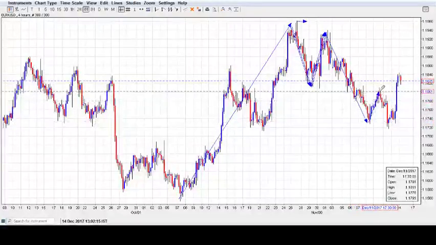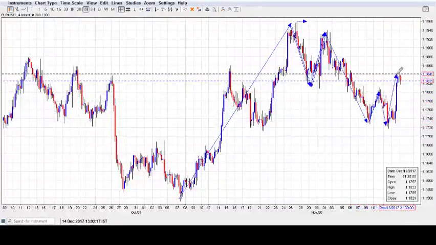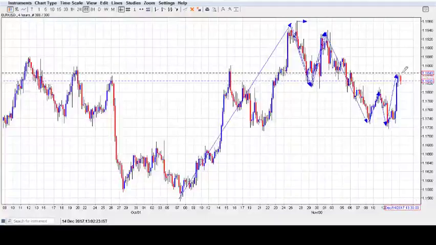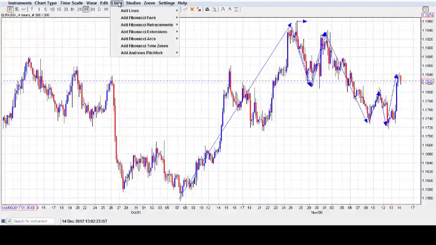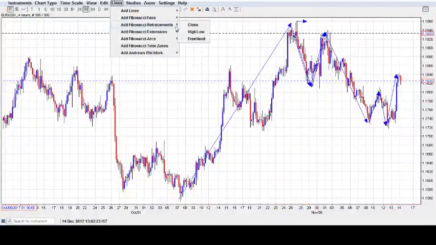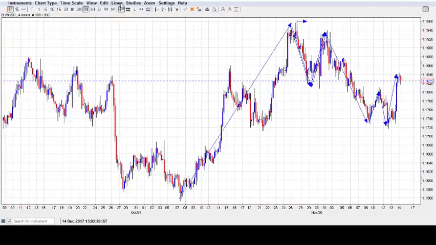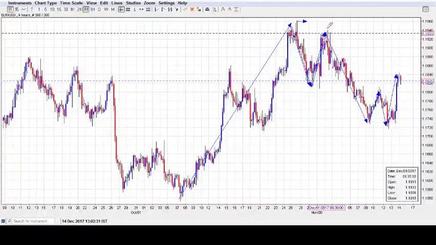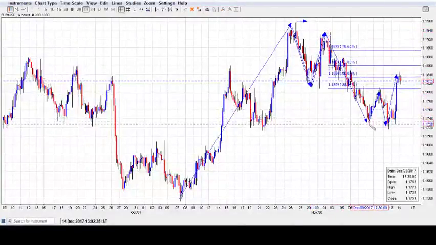I think this is an expanded flat in the making. An A, B, C is 2 of 3, and there could be one more push towards the 1860 mark, or I think it is done. Let's find out. Not necessary that it's going to bounce from 60%, but mostly it does.